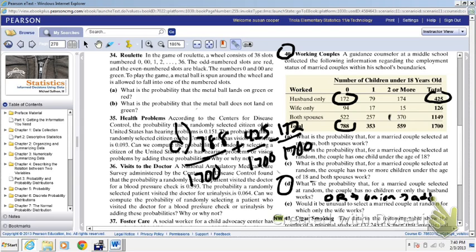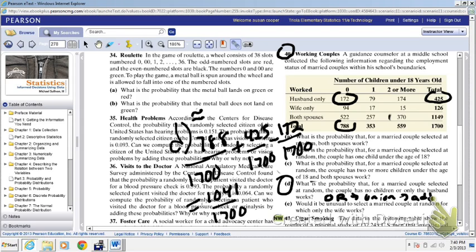So you're using that rule that we said where you're adding 2 things together and then subtracting out the overlap. So 788 plus 425 minus the 172 is 1041. So you should arrive at 1041 out of 1700. Let's go ahead and get a decimal. So you're looking at about 0.612.